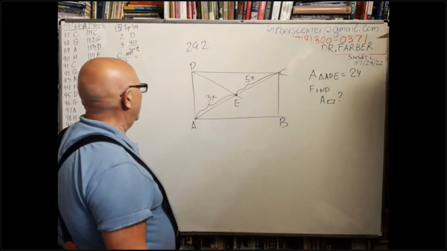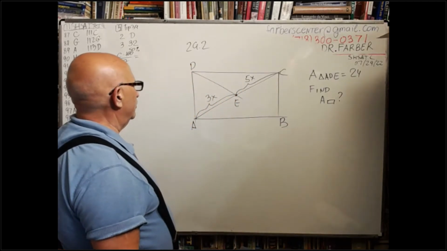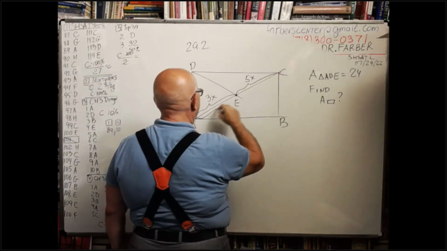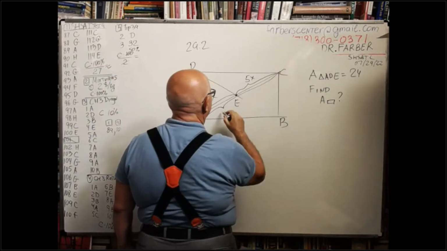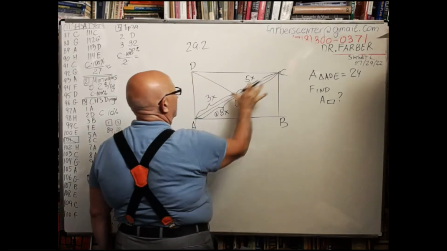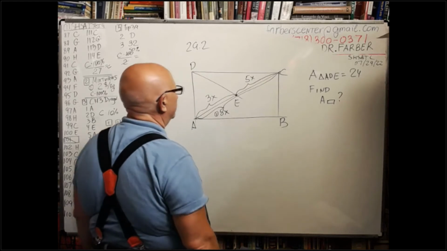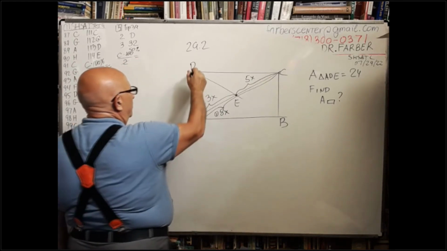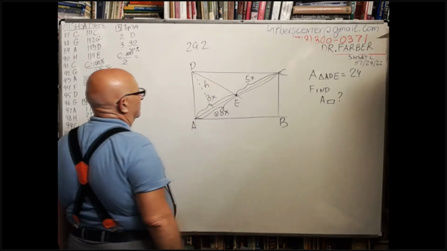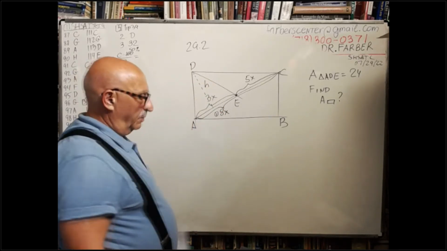Well, step number 1. Addition postulate. If this is 3x, this is 5x, so this must be 8x. What I did, I added this plus this segment, 8x. Now, according to addition postulate, if you have a common vertex, you have to read at the beginning.